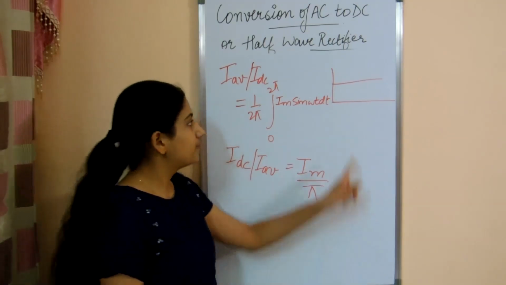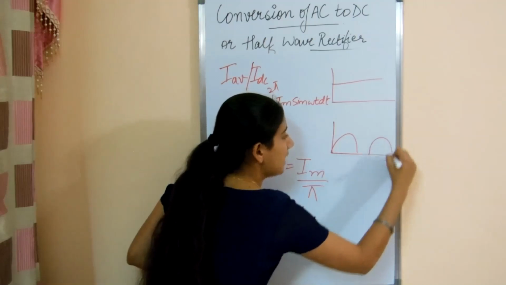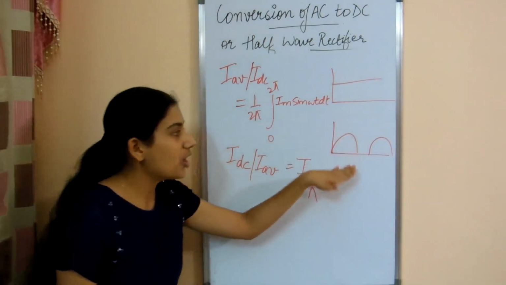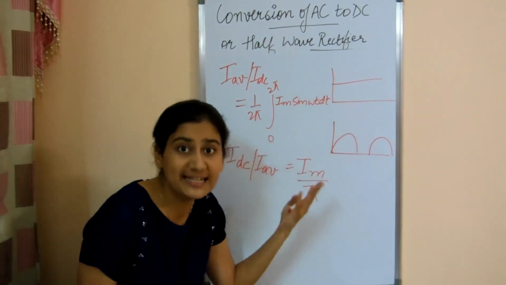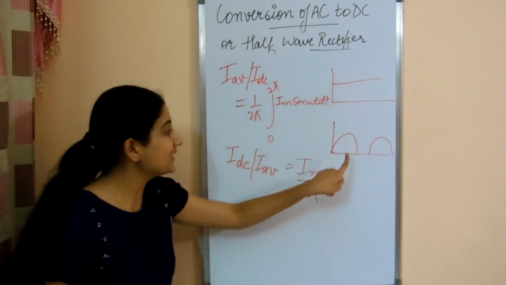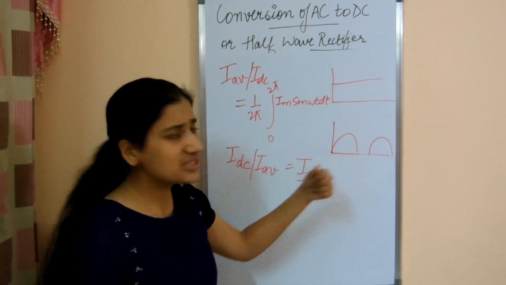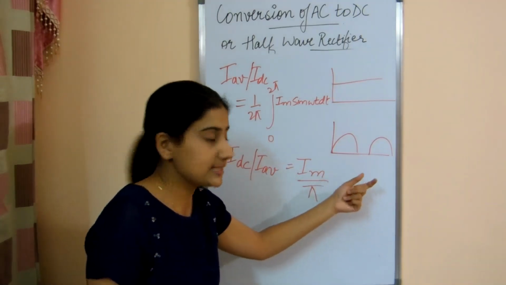As we all know that this is DC and this is our output. So that means this DC is not particularly DC, because if it would have been DC, it should be like this, but it is like this. And we can see that these are the characteristics of AC because they are changing their values at every instant.